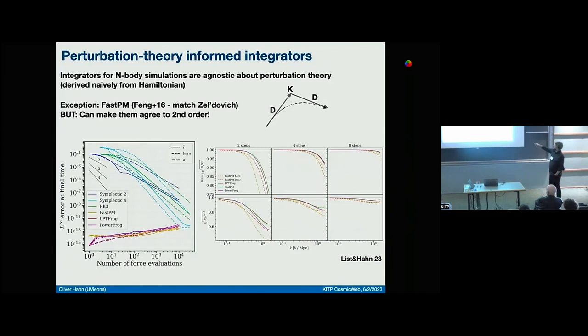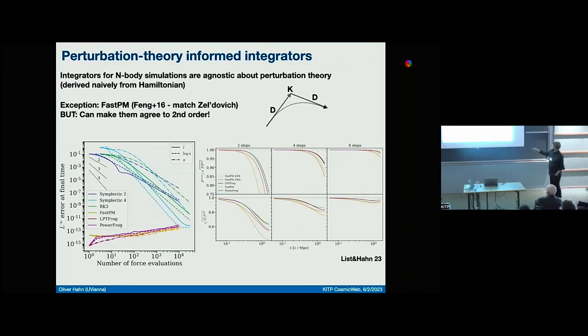So the idea is that you know that for a standard second order integrator in a simulation, it's a parabola. And you can just say, if I choose the same time coordinate as in the perturbation theory, I should be able to match the whole trajectory exactly to the perturbation theory. And you can do this, and then all these are basically machine precision correct up to second order perturbation theory.